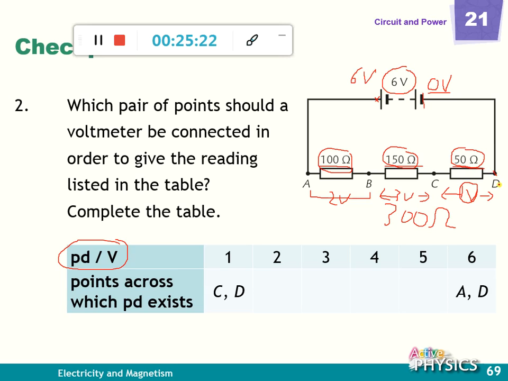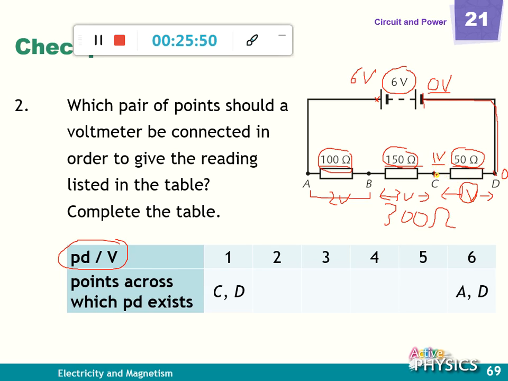Then look at D. Because from the negative terminal to D, this connected wire, we think that there's no resistance. Then there is no potential difference. D, the potential should be 0. But after our calculation, the potential difference should be 1 volt. Then it means that C should be higher than 0, so C should be 1 volt.